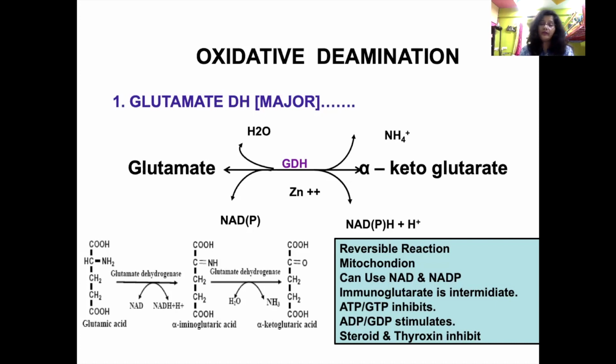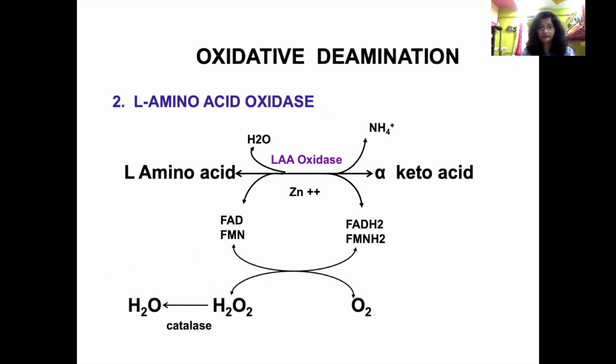On the contrary, if energy levels are low, like ATP is less in the cell, the enzyme is stimulated. There would be more conversion of glutamate into alpha-ketoglutarate, and this alpha-ketoglutarate will be utilized as a source of energy in the TCA cycle. Then steroids and thyroxine, these hormones, inhibit this enzyme.